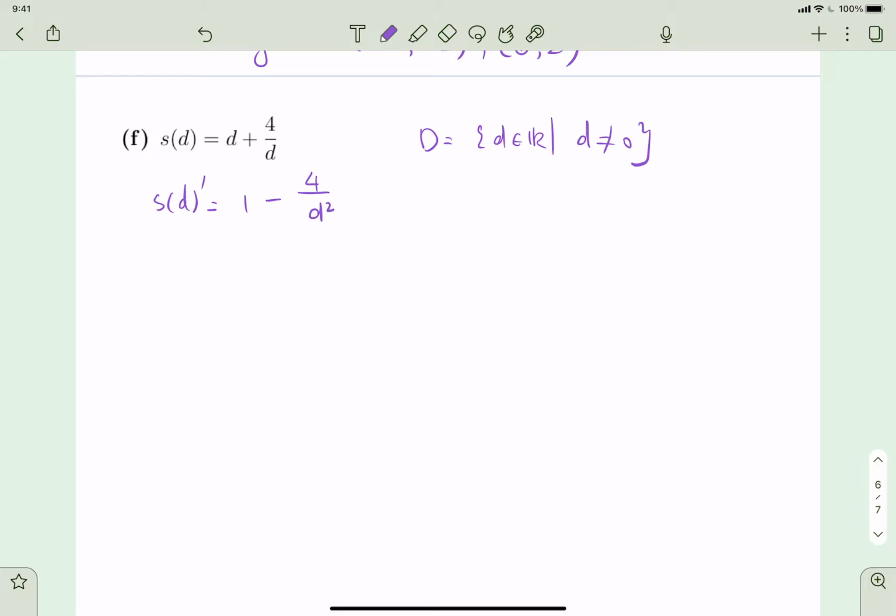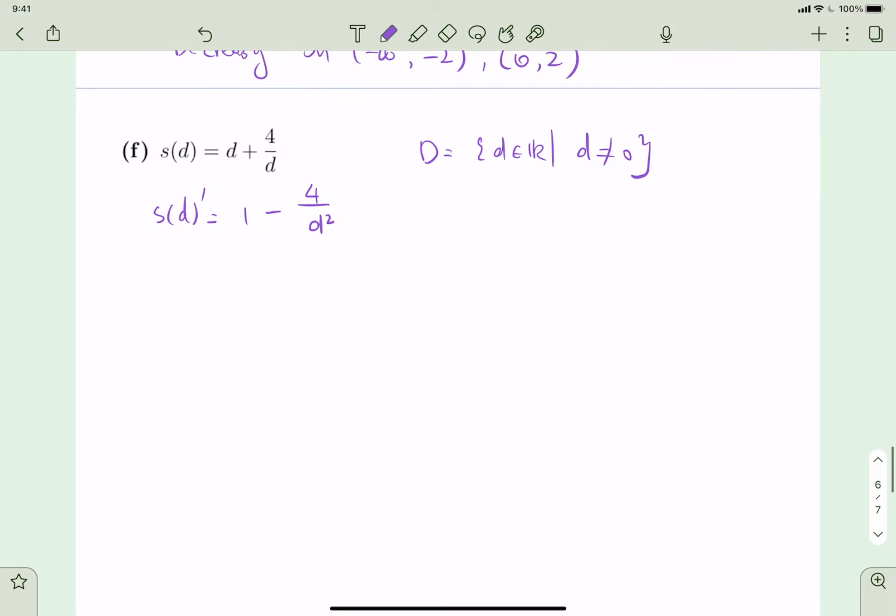Right? So this is a reciprocal function, right? We know that it does not exist when d is equal to 0. Right? But 0 is not in our domain, right?